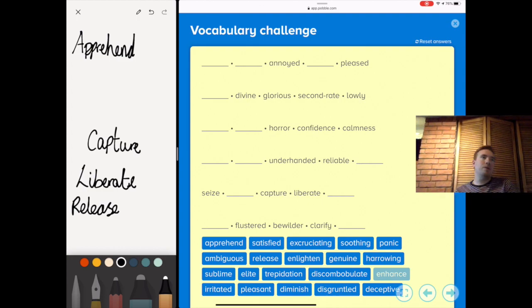So let's make one up. If you capture somebody, you seize them. Okay, so there wasn't an answer there on these, so there's another trick one for you. So it's an opportunity for you to make one up. Okay, those are your synonyms, those are your antonyms. Sorry, head's not in that one, is it?